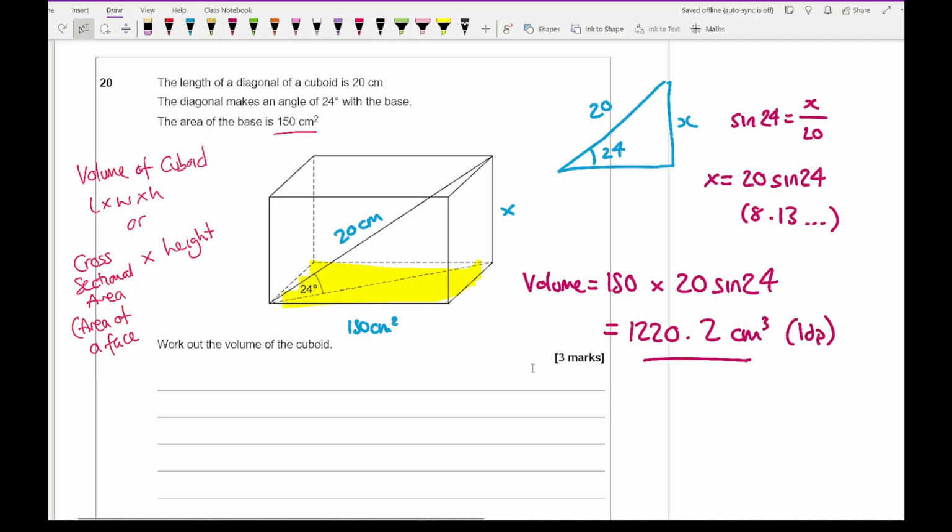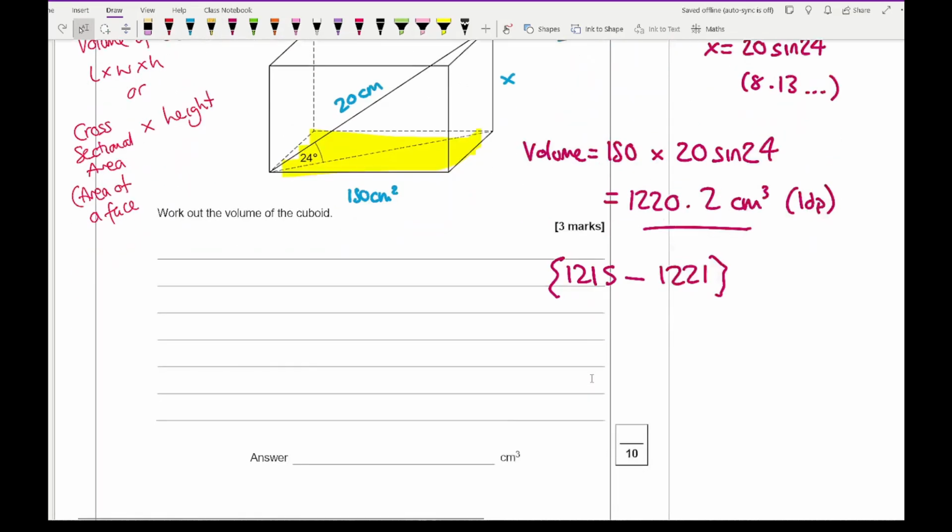Now in the mark scheme, they would accept any answer that's between 1215 to 1221. It all depends on the rounding that you've used. I've used the exact value, hence why it's probably near the more upper end of that range.